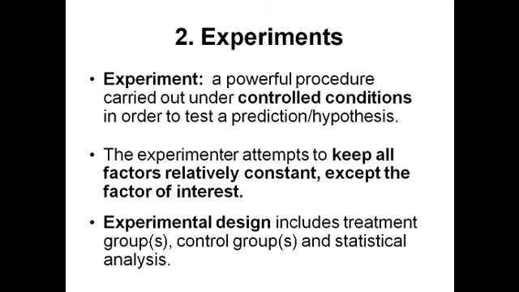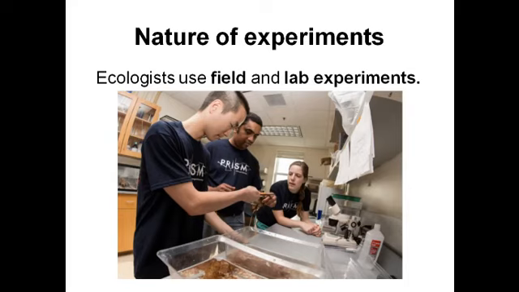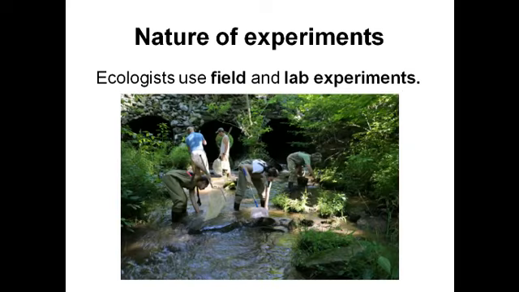So you have to think about how to treat your groups and what your control groups are, and also what kind of statistical analysis you are going to use. As I said before, some people do lab experiments. These are some of my Prism students doing lab experiments on crayfish, and we also do field experiments, right? So here is my group again doing some field work.